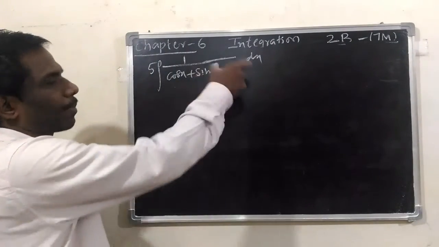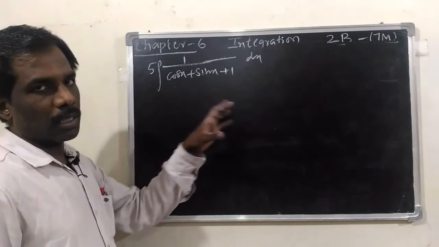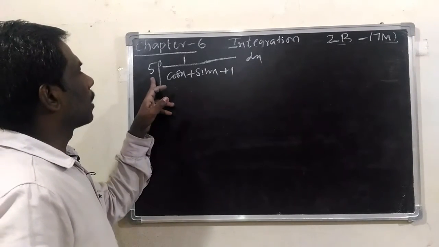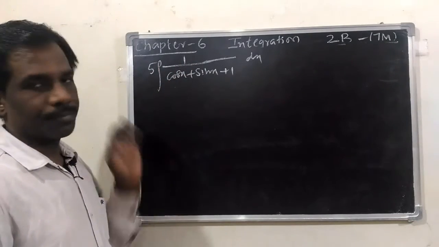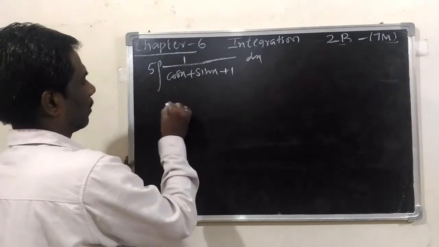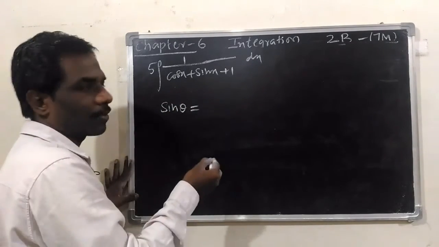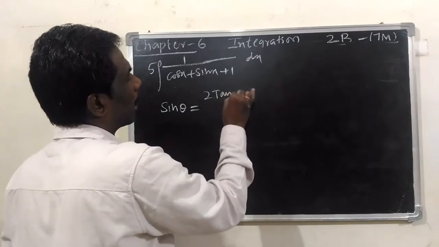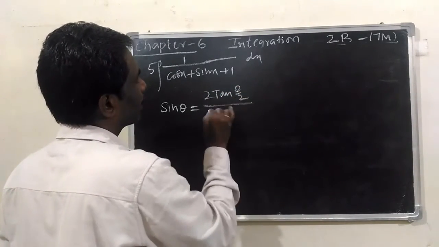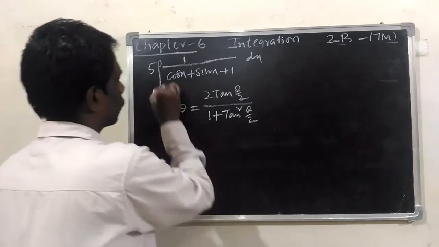Now I take the last part. The first two parts are finished, we got those answers. The last part is 5 integral 1 by cos x plus sin x plus 1. Here we can write the sin theta formula in terms of tan: 2 tan theta by 2 by 1 plus tan square theta by 2.